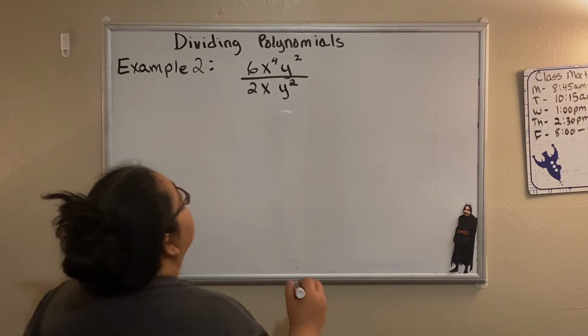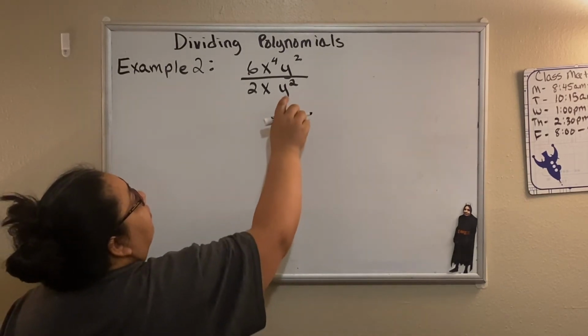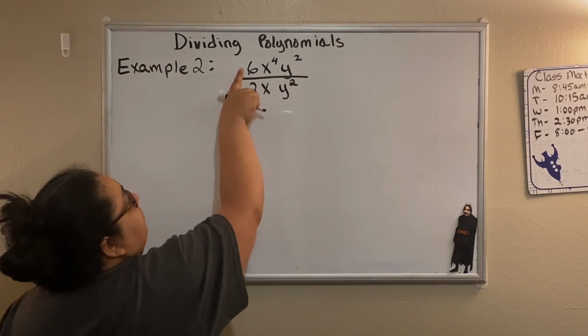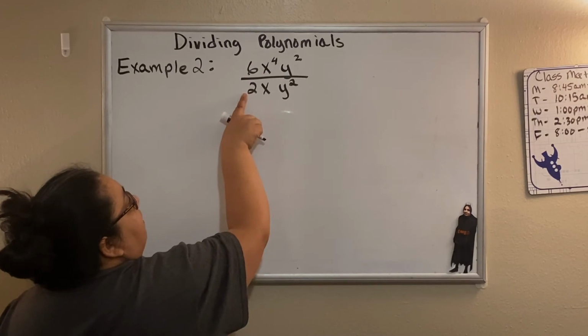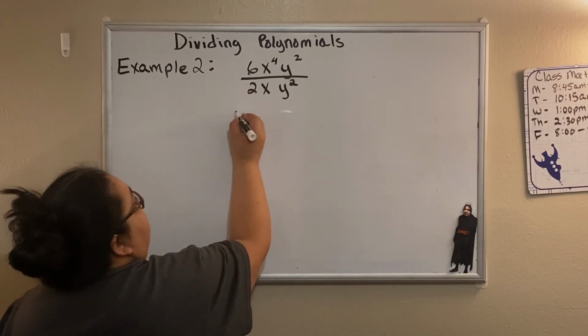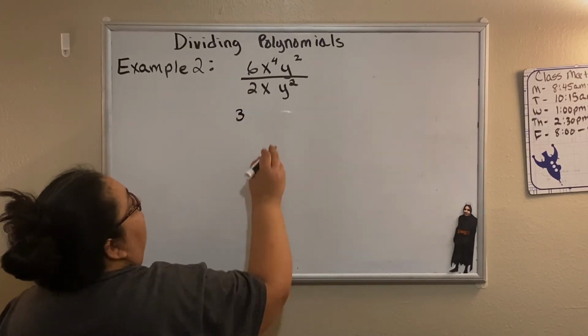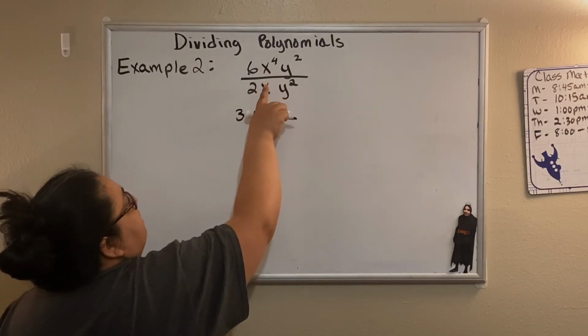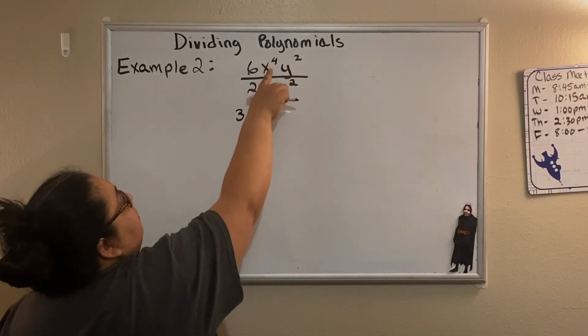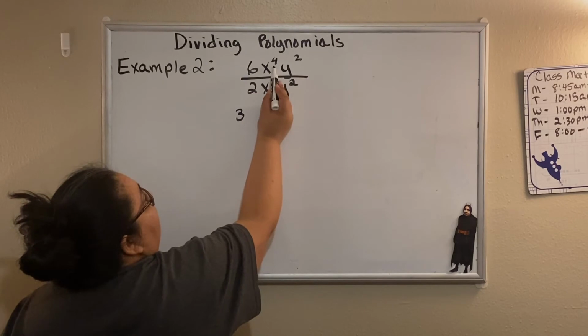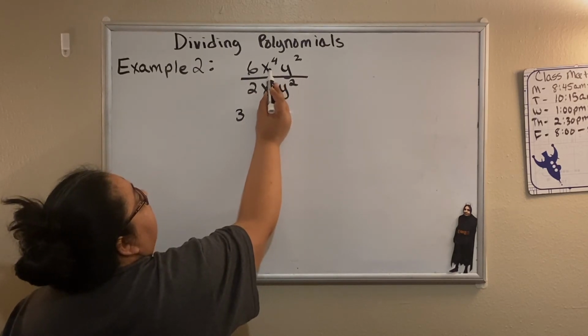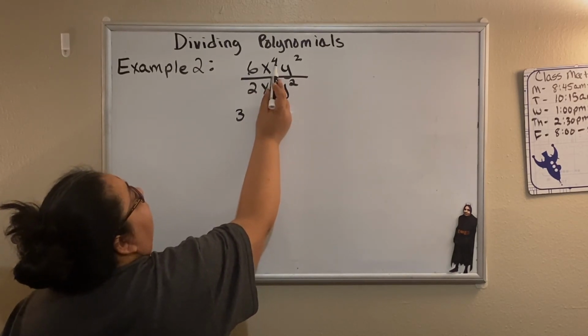Now, let's divide the numbers first. 6 divided by 2, well, that's just 3. Now, to divide the x's, I have powers right here. The power in the numerator for x is 4.